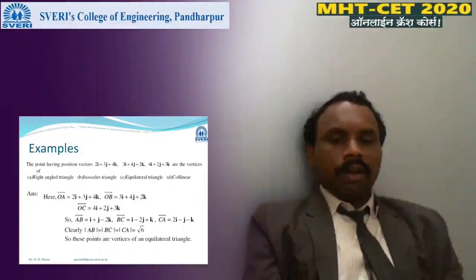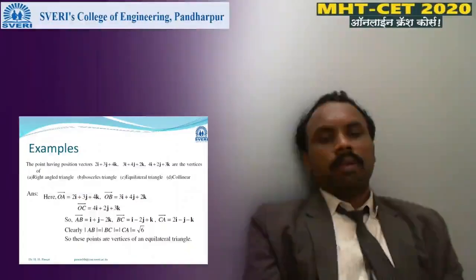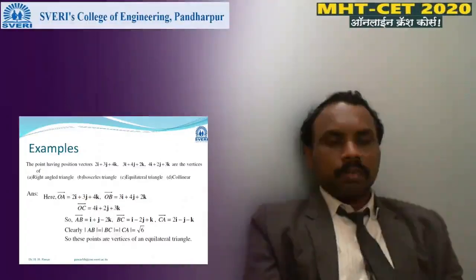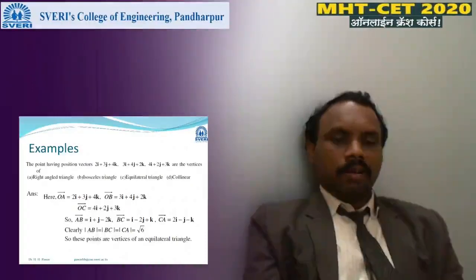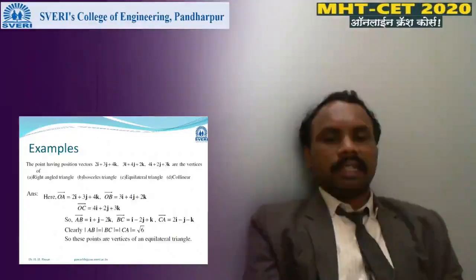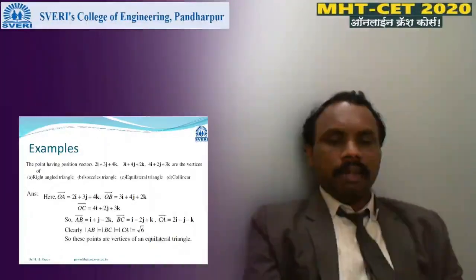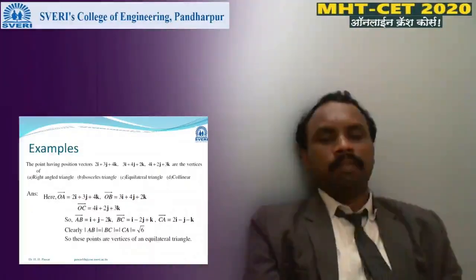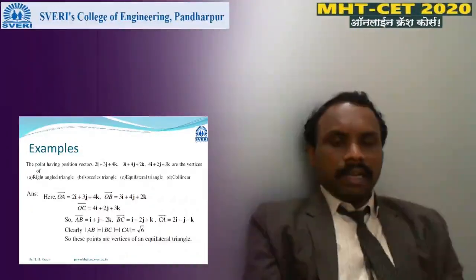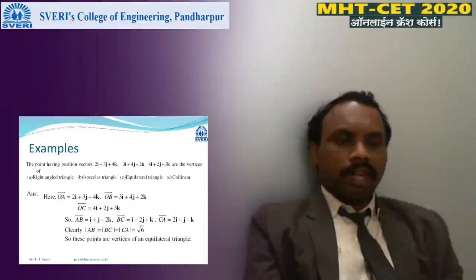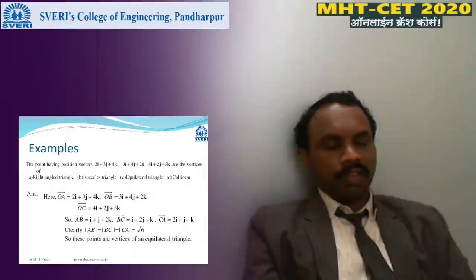Clearly, if we find the modulus of AB bar, modulus of BC bar and modulus of CA bar, it is observed that each modulus is square root of 6. That is, modulus of AB, BC and CA remain the same. So in this case, these points are vertices of an equilateral triangle.